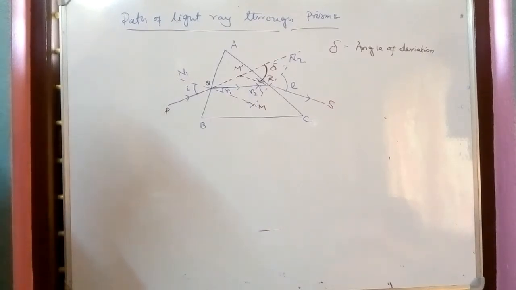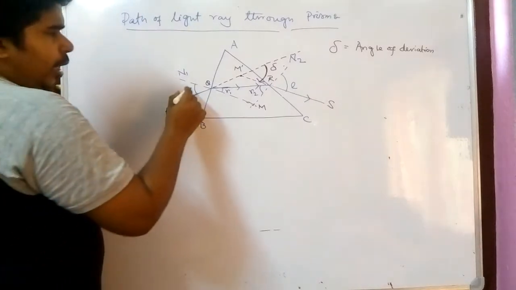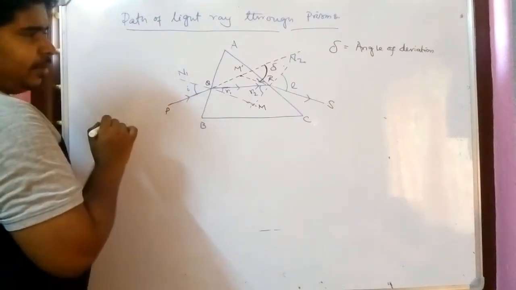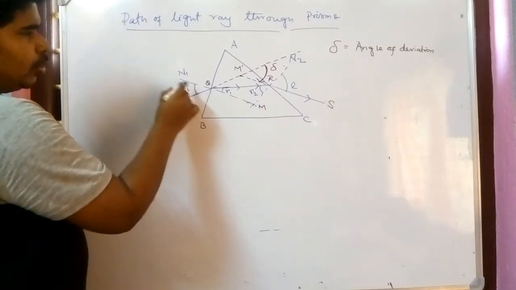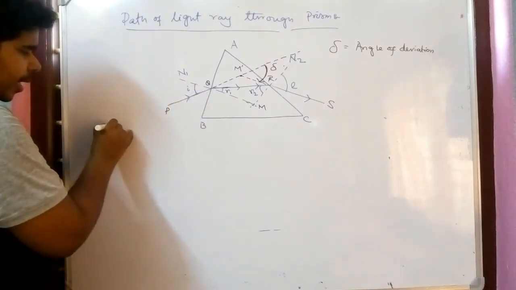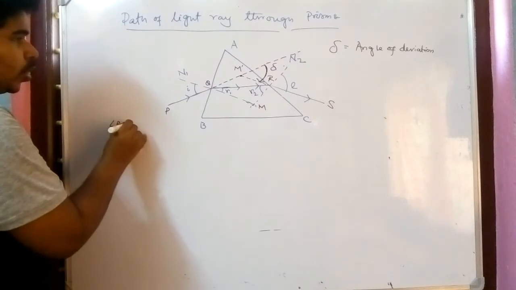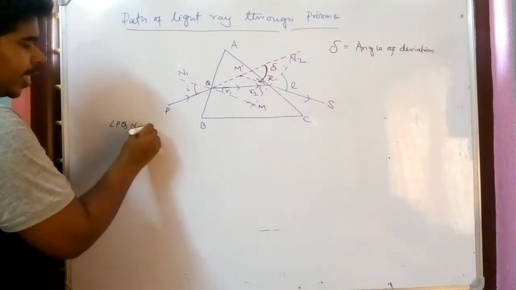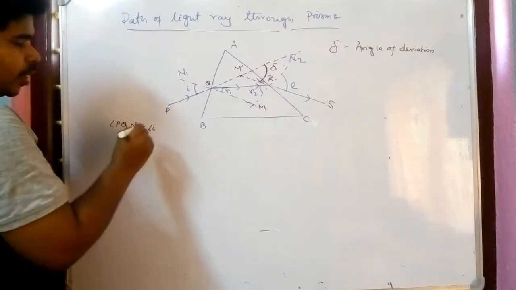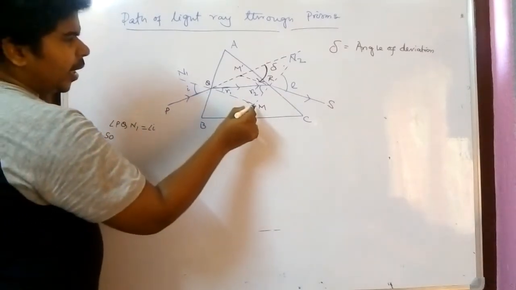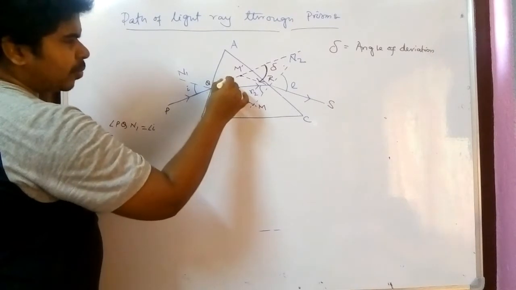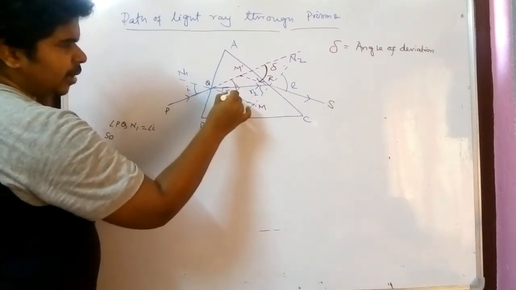See, if this angle is I, angle PQN1, we can write angle PQN1, that is angle I. So angle MQM dash, I am talking about this angle.